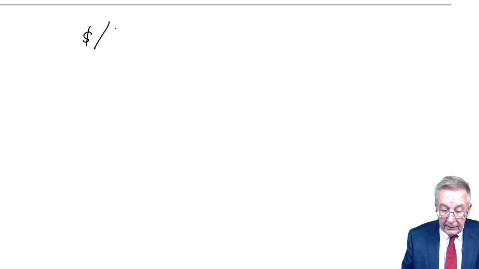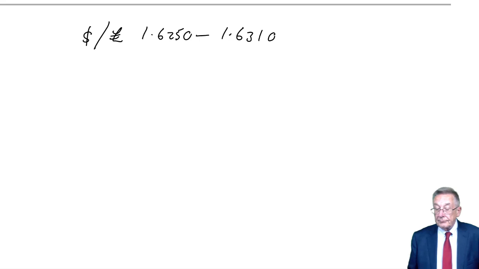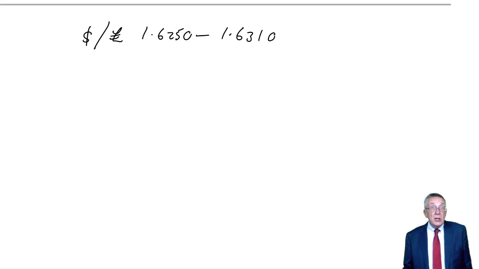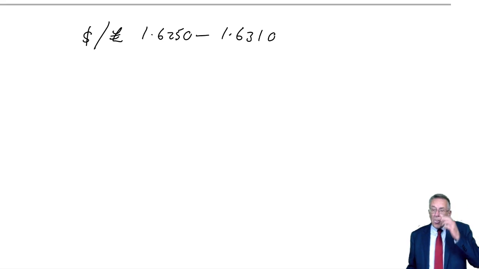And the point is that when exchange rates are quoted, they're normally quoted as a range. You can see there, I've given an example, a quote of $1 pound 1.6250 to 1.6310. Now, when exchange rates are quoted in this form, as they usually are in the exam, there's two things to make sure you're happy about.